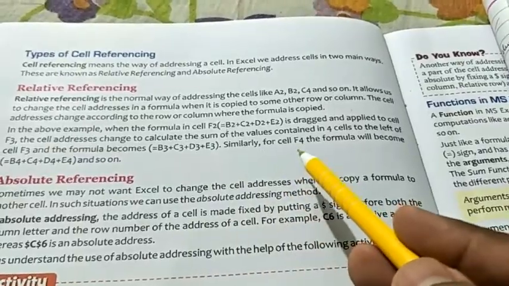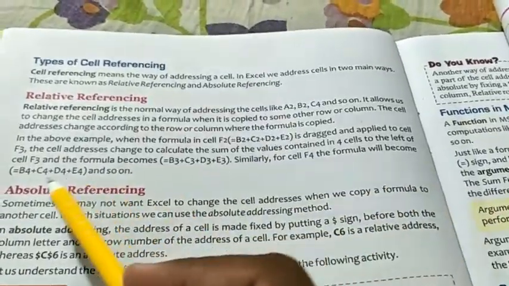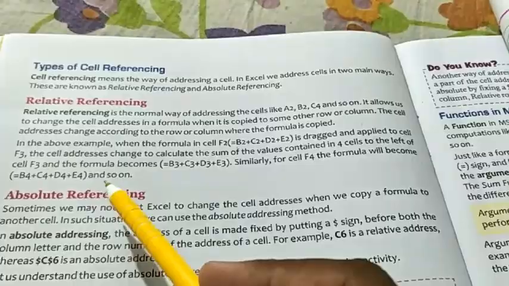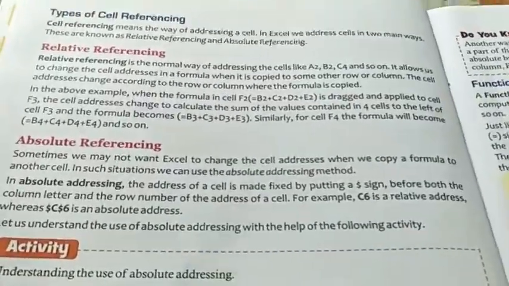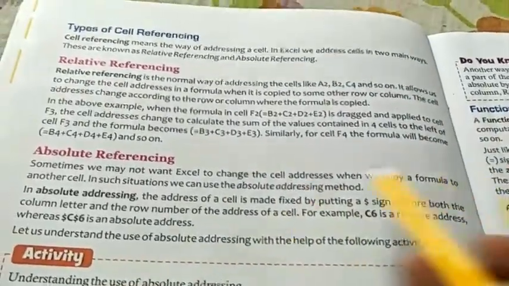Similarly for cell F4, the formula will become B4, C4, D4 and E4 and so on. Okay, that is the use of relative reference. The corresponding address will be changed when you copy the formula.